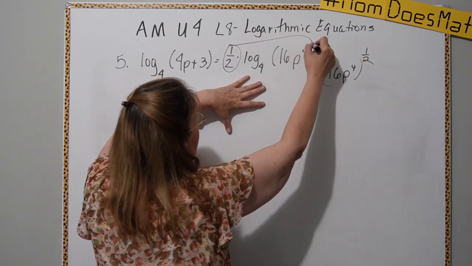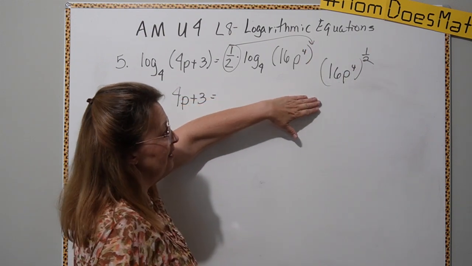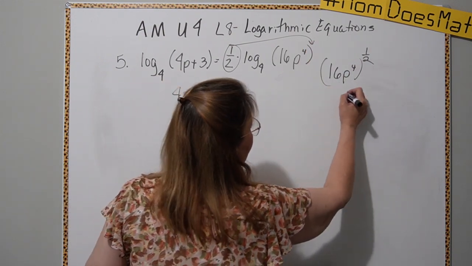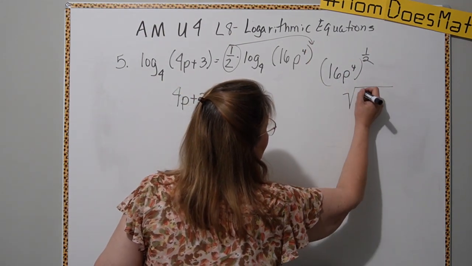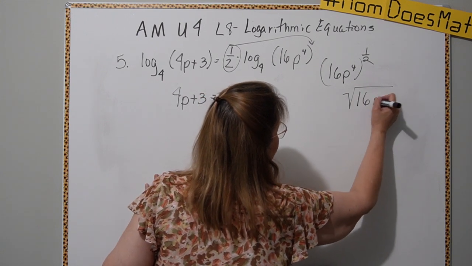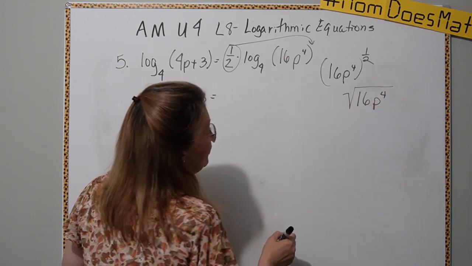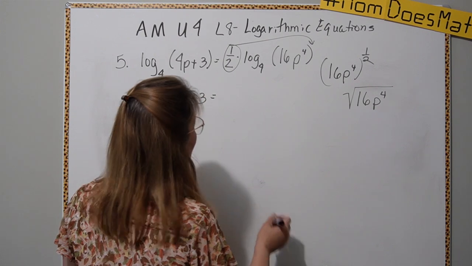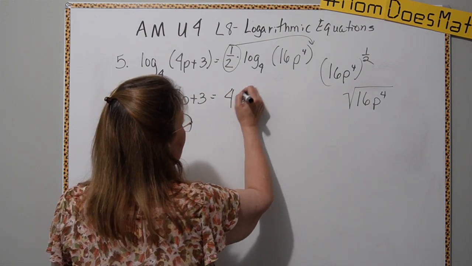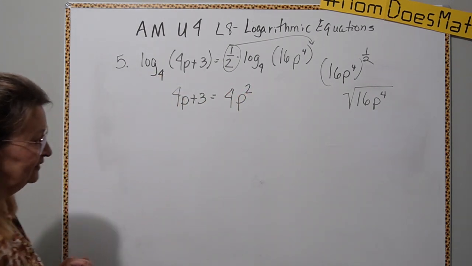This number becomes the power of your argument. Now what does 1/2 power mean? Well, it means the square root of this base. Now what's the square root of 16p to the 4th power? 4p to the 2nd. Okay?